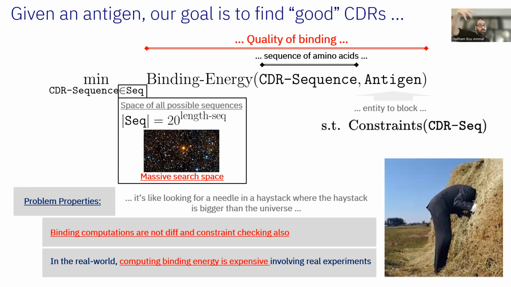So the antigen enters my body, and then after the antigen enters my body, I want to design that sequence of amino acids that will have a low binding energy with respect to my antigen.